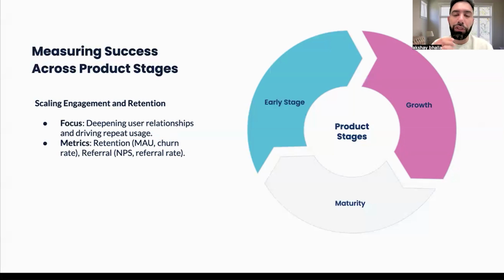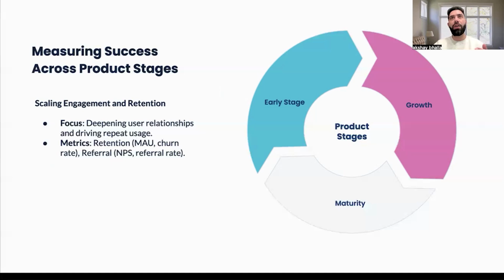At this point, you should be asking whether the product is delivering consistent and repeatable value that keeps the user engaged over time. Retention, in reality, becomes the strongest indicator of long-term success at this stage. So understanding where and why the users drop off is key to retaining them over a period.